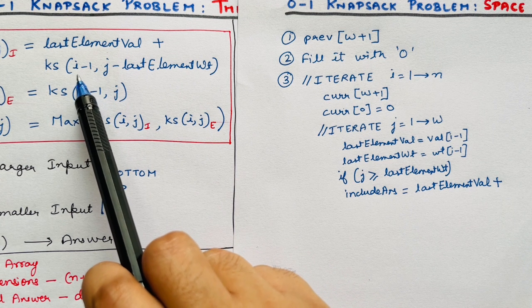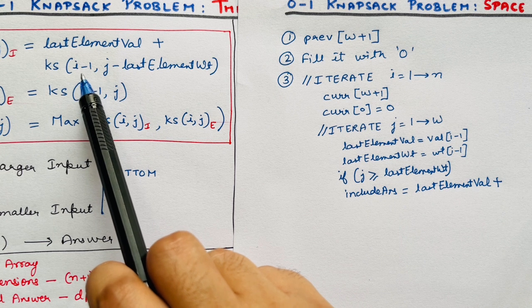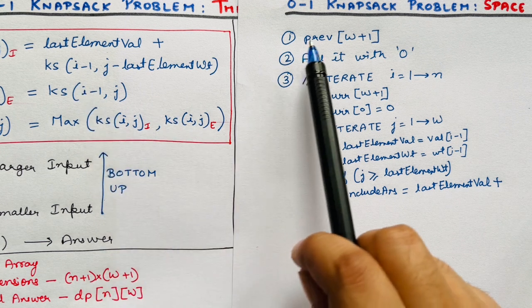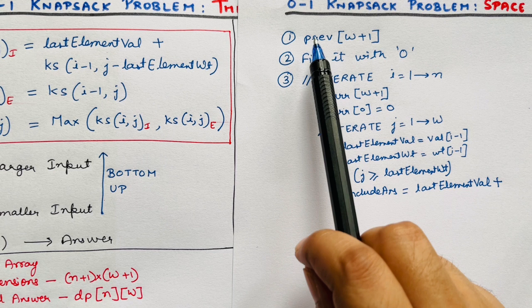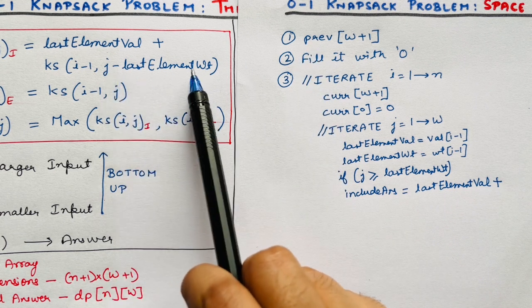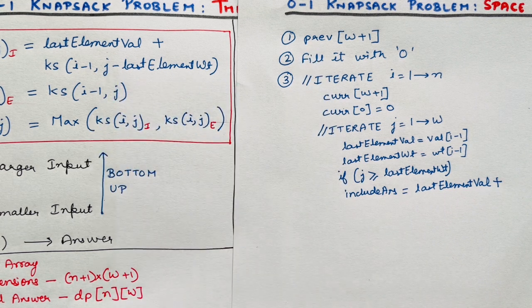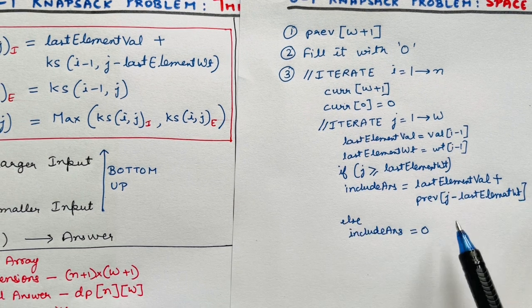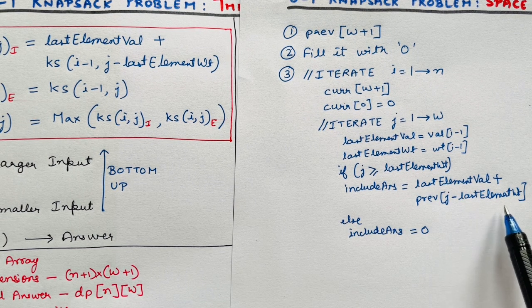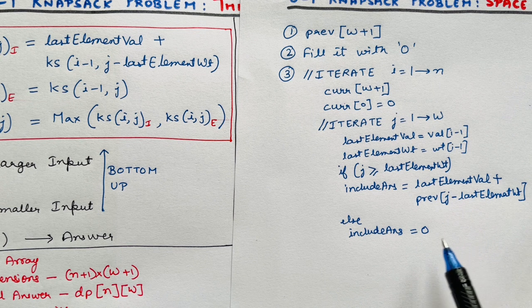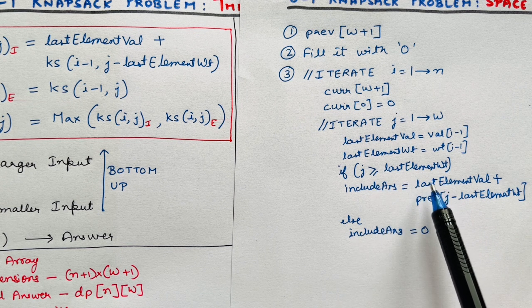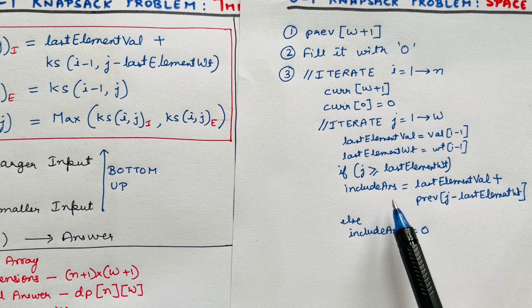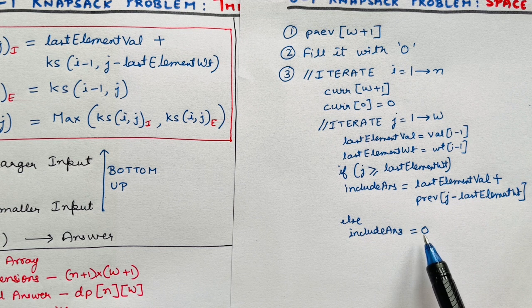So where will the value for the first i minus 1 elements lie? It will lie in the previous array. So in the previous array at this index we will find the value that we need. So we add to the last element's value the value previous of j minus the last element's weight. And if this condition was not satisfied, then the maximum value that we can obtain by including the last element is 0, because there is no point in including the last element.